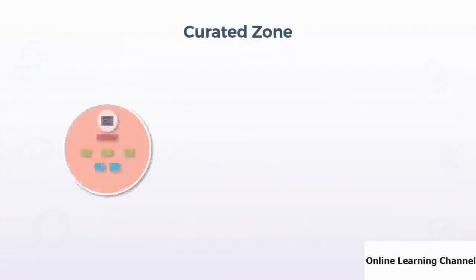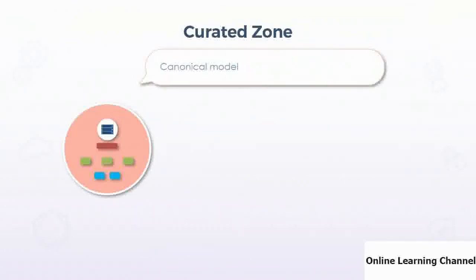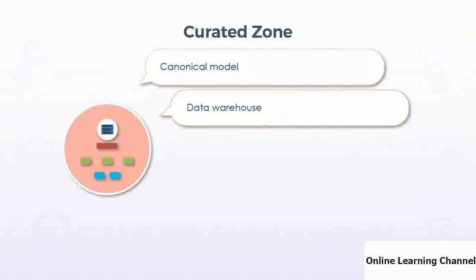Now, data in the curated zone is a step further than the structured zone for data transformations and cleansing. Data in the curated zone implements a canonical data model to combine and consolidate data from multiple sources. Data warehouses may extract data from the curated zone, or the zone can act as a data warehouse itself.